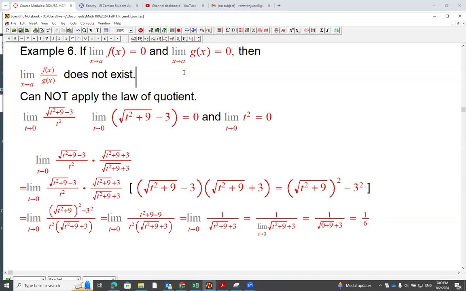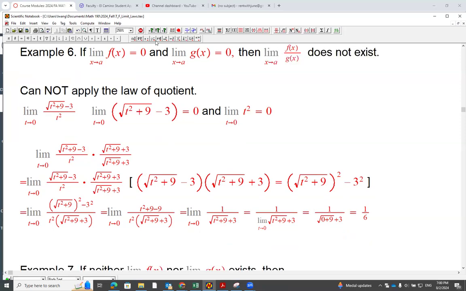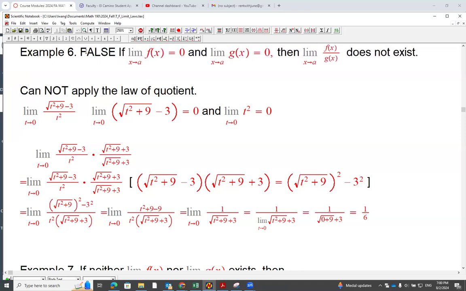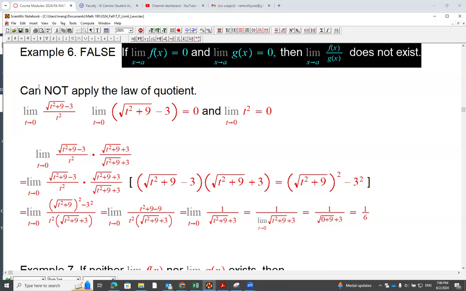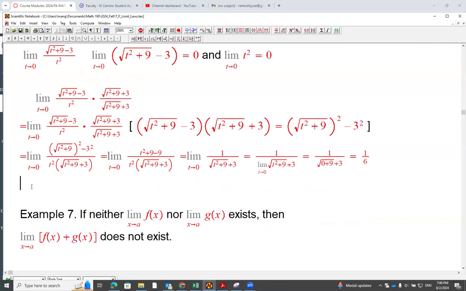So this statement is false. I'm going to put a false here. Sometimes it exists, sometimes it does not exist, so the general statement here will be judged as false.